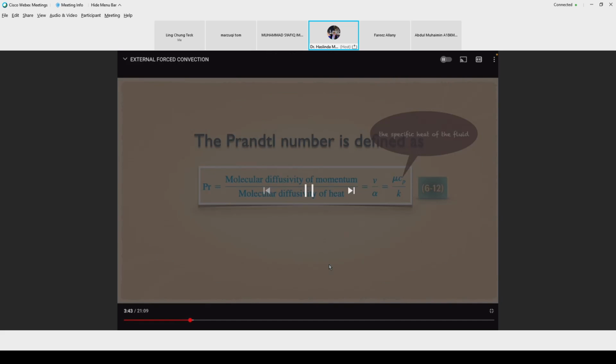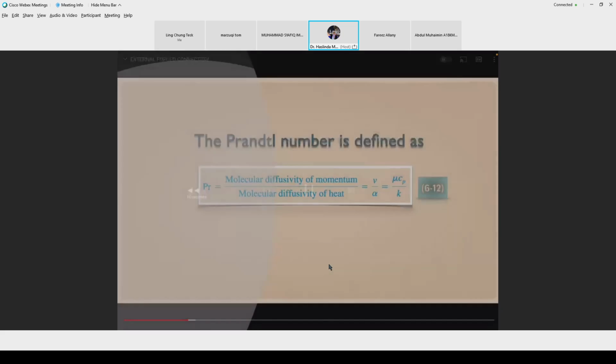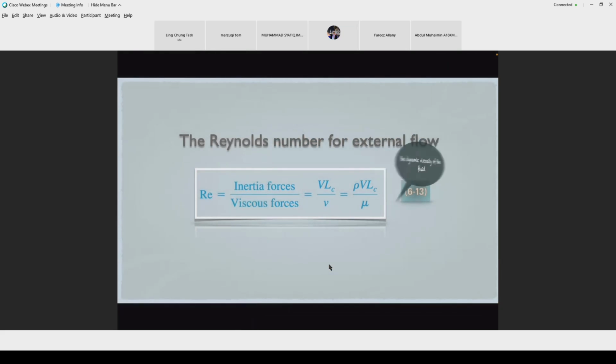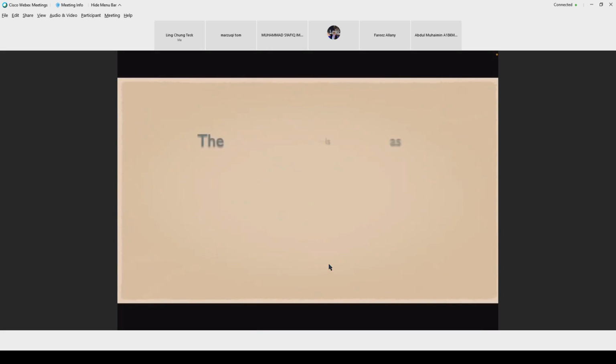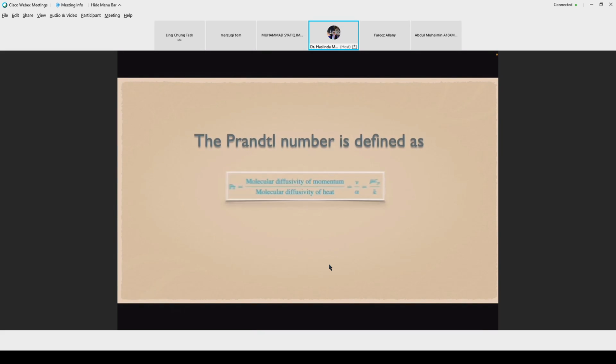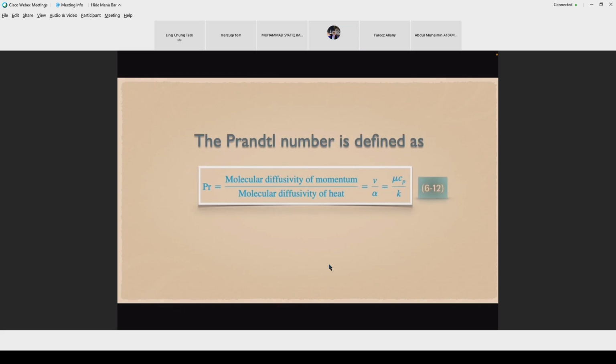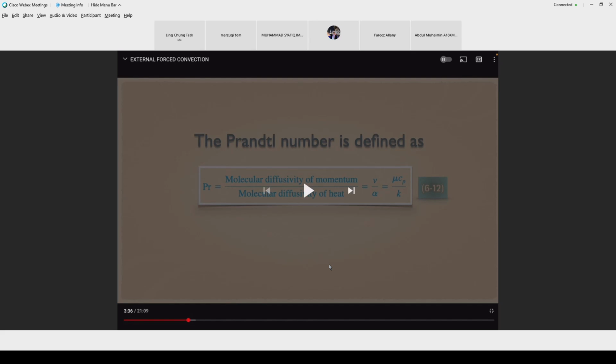Okay, Prandtl number. Why we need to know about Prandtl number? Can you see in Nusselt number equation just now? It has Reynolds number times Prandtl number to the power of 1/3.